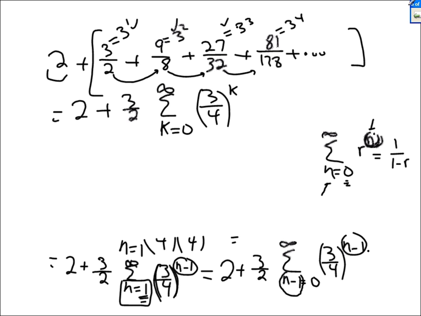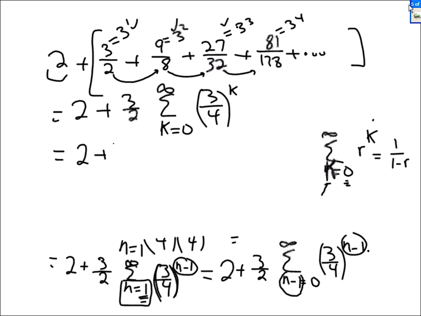Same thing over here. If I called it k instead, it's not going to matter. First, k is 0, so the power is 0. Then k is 1, and now the power is 1. It doesn't matter whether I call it k or n. Okay, so now let's just do it.